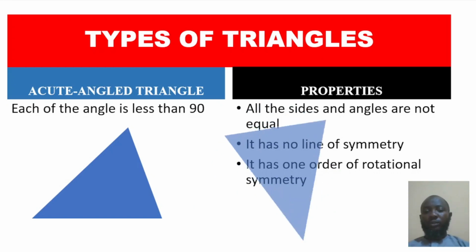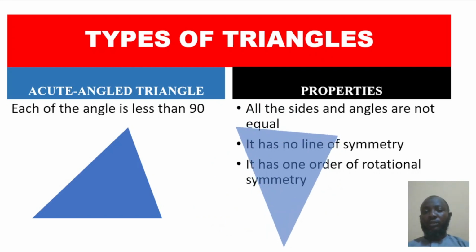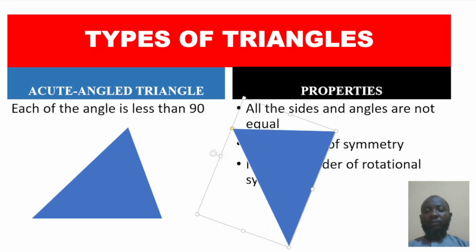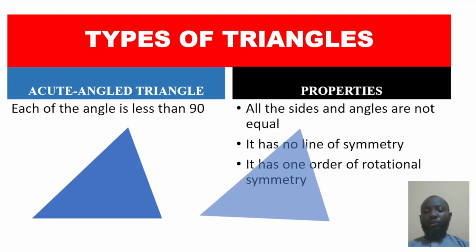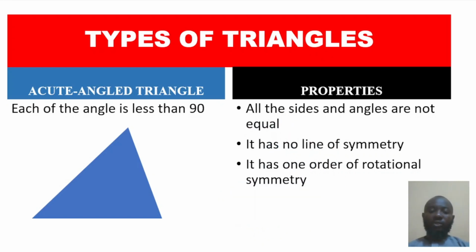Third rotation, and the fourth rotation, if you come back, you can see it has one order of rotational symmetry. As for line of symmetry, it has no line of symmetry. You can't divide it into two equal parts. So that is that on the acute angle triangle.